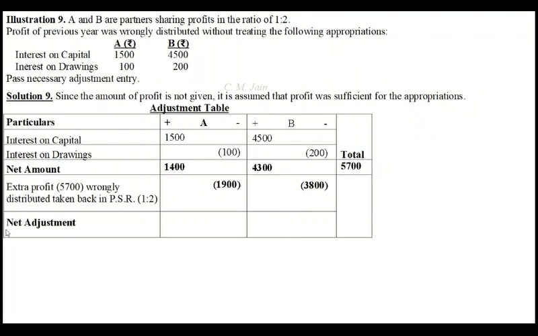Now in the next row, write down net adjustment. Now let us see what adjustment we need to make. We have to give 1,400 to A and take 1,900 from A. That means the net amount will be 1,400 minus 1,900, that is negative 500. Means we have to take back 500 rupees from A. Since we have to take back, we will debit A's capital account with 500 rupees.